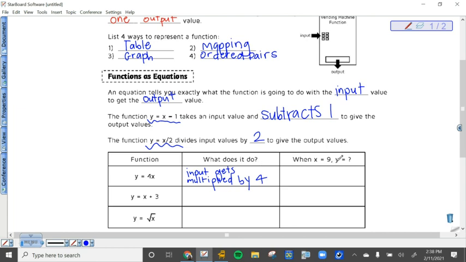When my input is 9, I put my input in and I multiply it by 4. What does that give me? 9 times 4. 36, yeah, 36. So when my input is 9, my output would be 36.